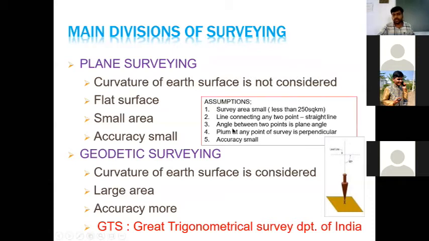Next, the angle between 2 lines is a plane angle, so you have to have the plane. And the fourth point is that the plumb at any point of survey is perpendicular.